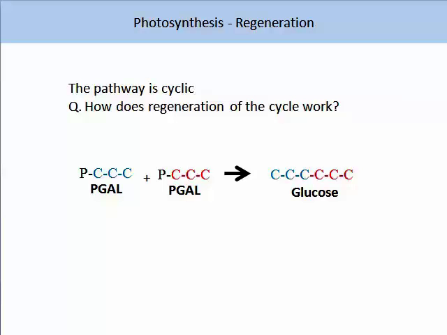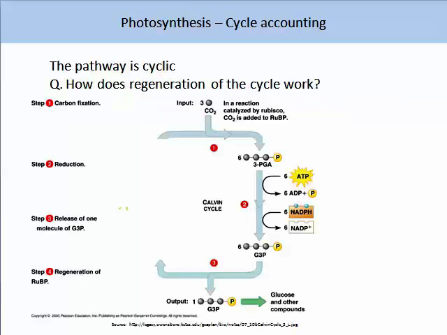In order to understand how regeneration occurs, we need to understand how many molecules are inputted into the cycle and how many molecules exit. On the figure in front of you, we have a new illustration of the concepts that we have discussed previously. We are going to do what is now referred to as cycle accounting. That is, we count the number of compounds in the cycle and the number of compounds out.